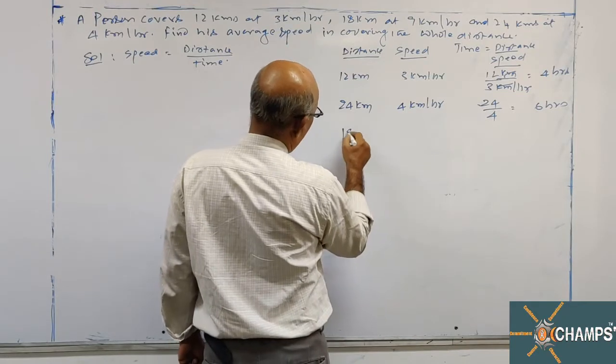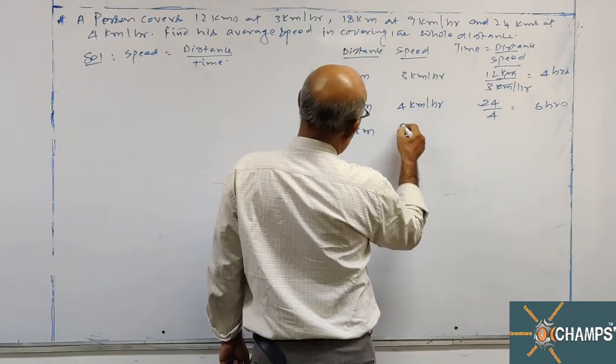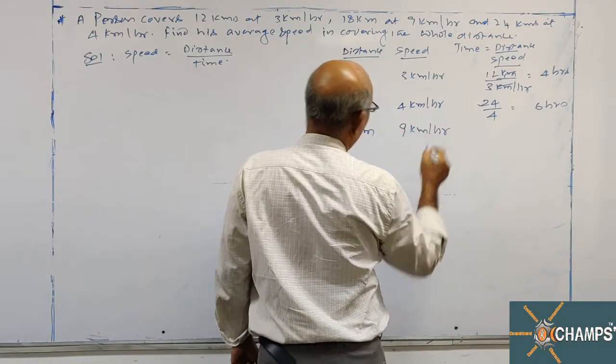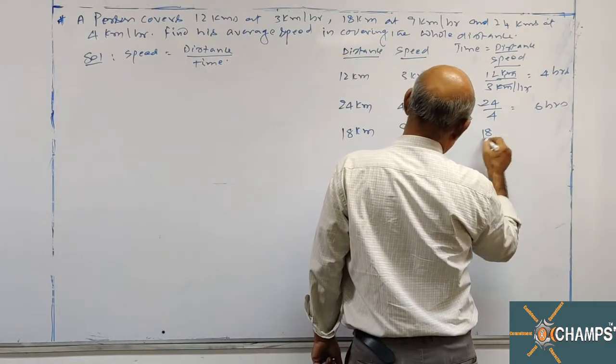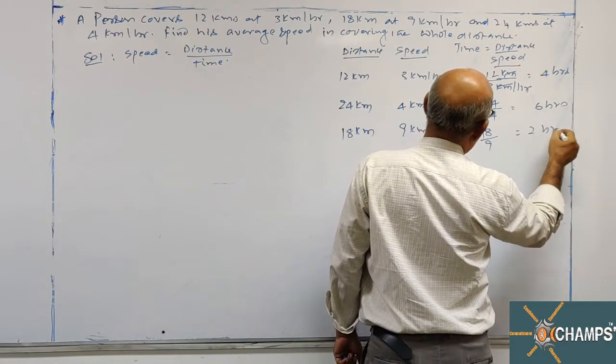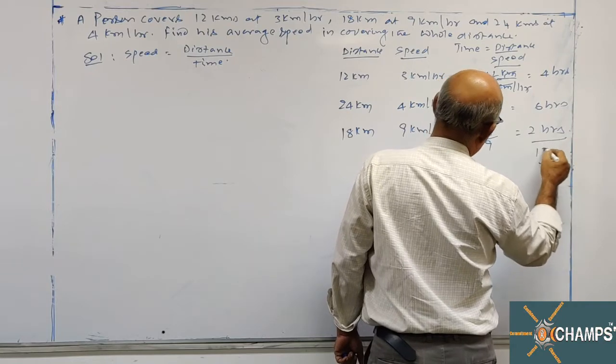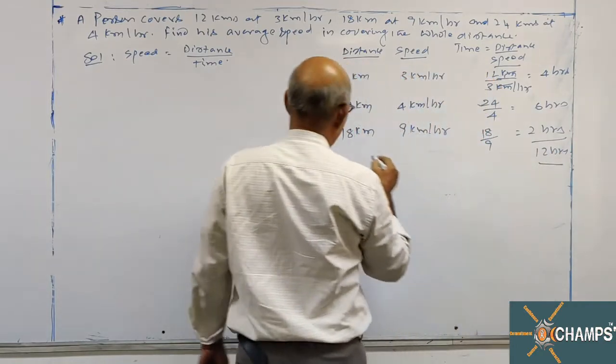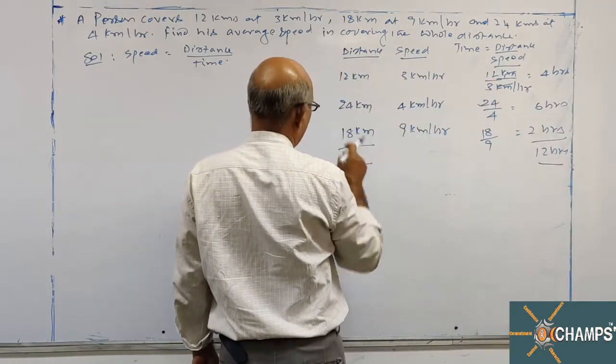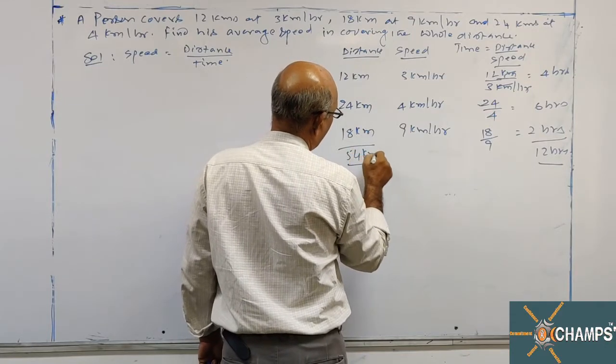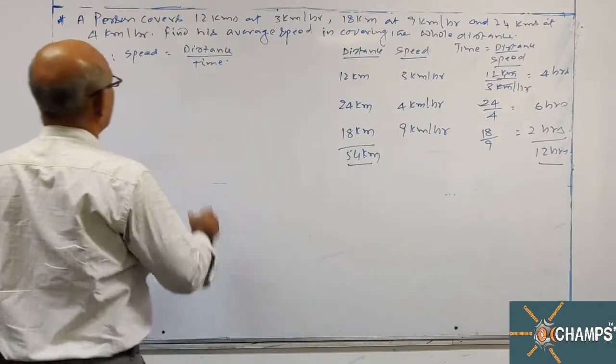There is one more, 18 kilometers at 9 kilometers per hour: 18 divided by 9, 2 hours. Total time is 12 hours. Total distance is 54 kilometers.